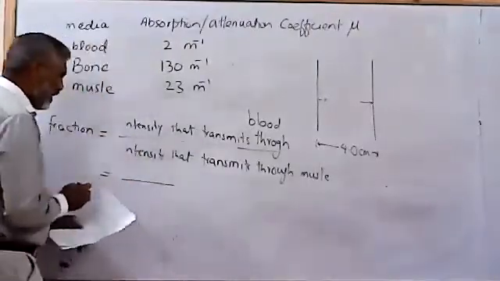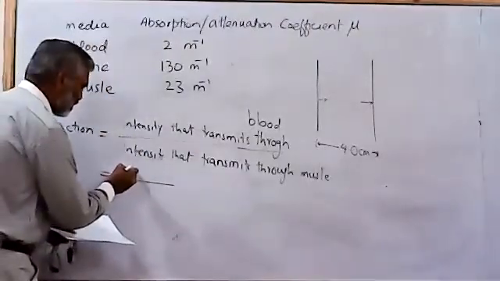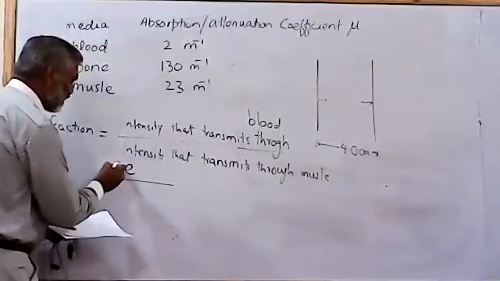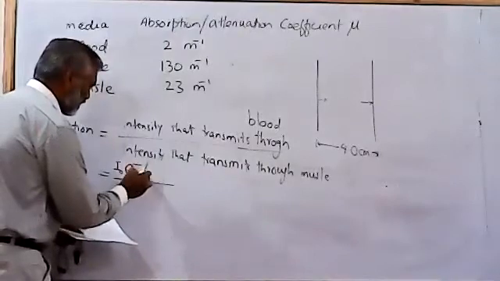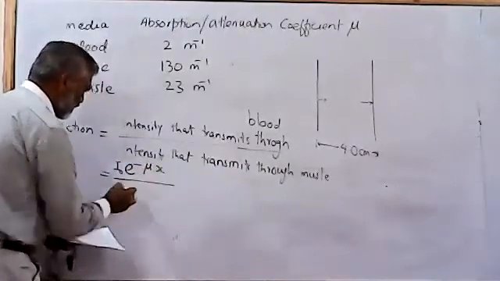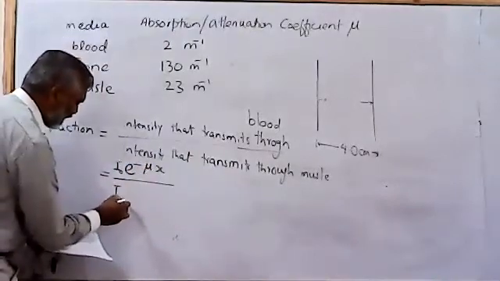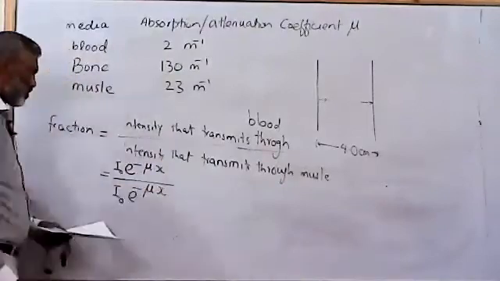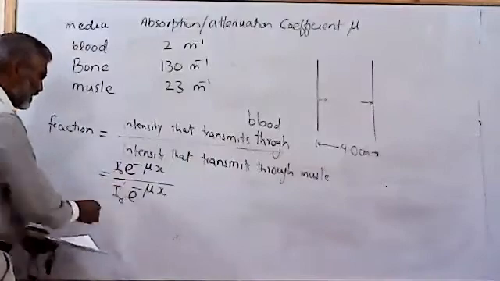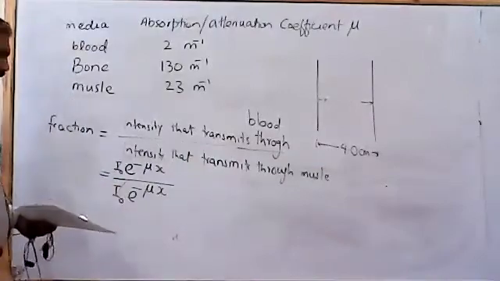So the formula: if I start with the same original intensity, I naught e to the minus mu x, and for this same I naught e to the minus mu x. Now the original intensity is the same for the two, so it gets cancelled.